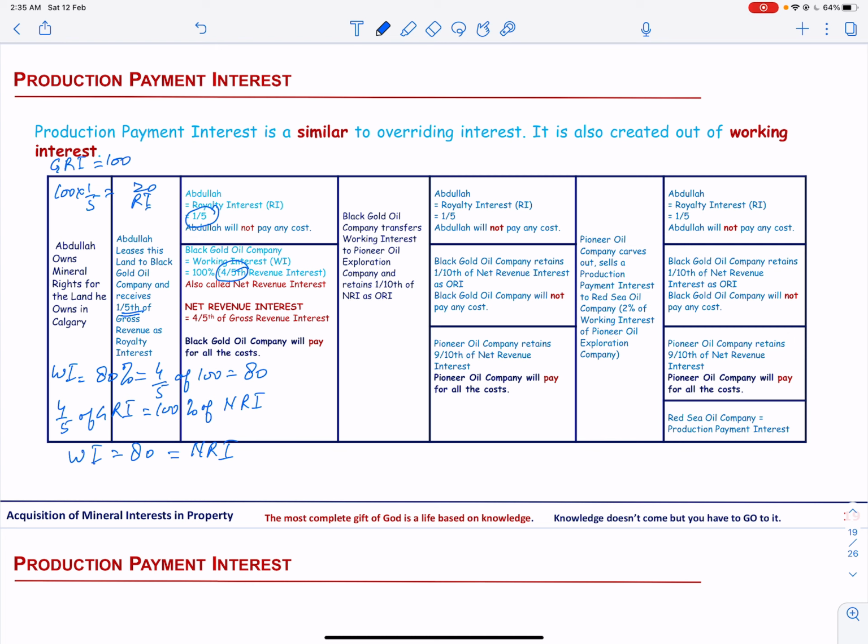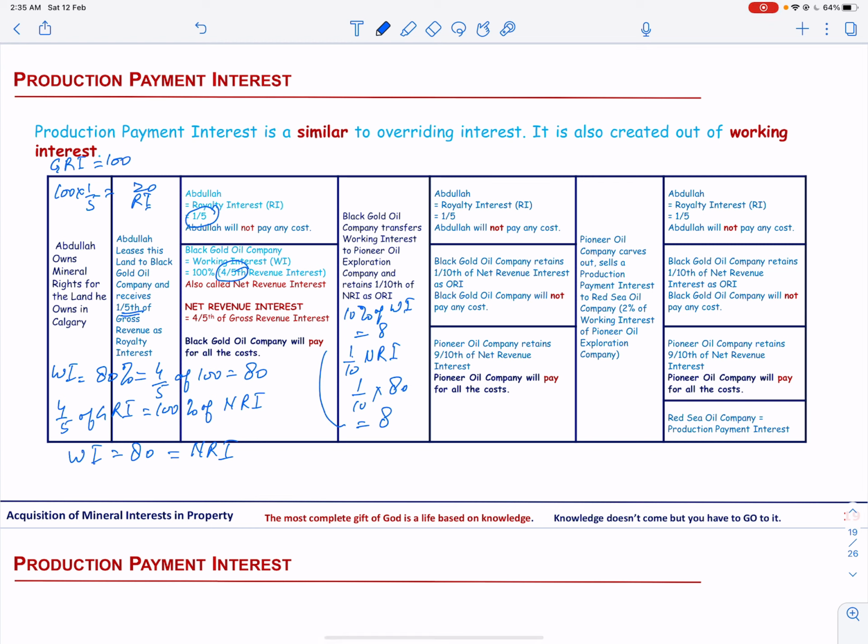Now Black Gold Oil Company transfers working interest to Pioneer Oil Exploration Company and retains 1/10 of the net revenue interest as overriding interest. So 10% of working interest will be equal to 8, or you can also say 1/10 of net revenue interest, that is 1/10 into 80, is equal to 8.